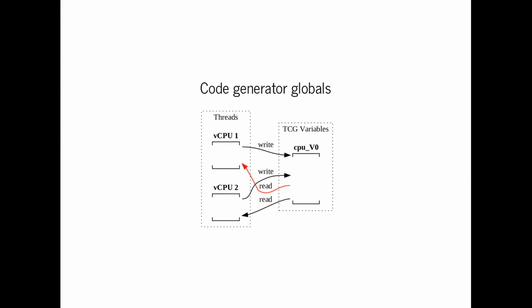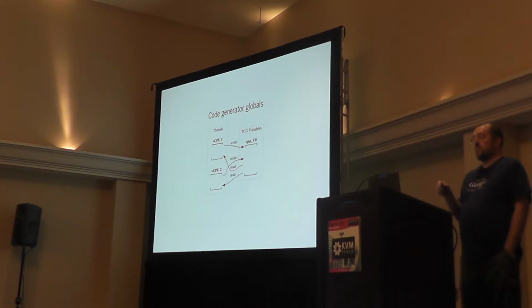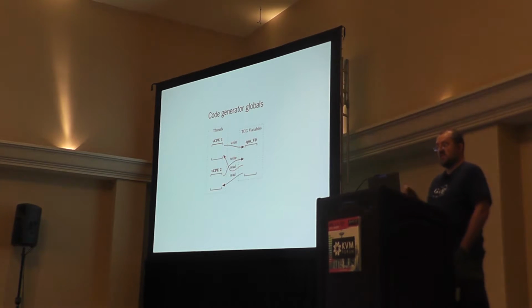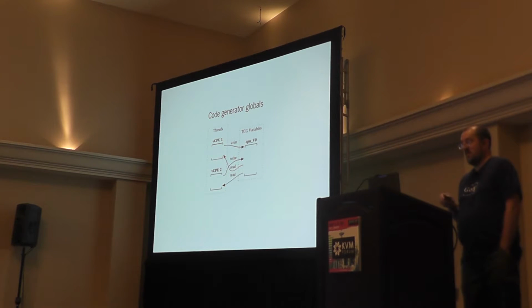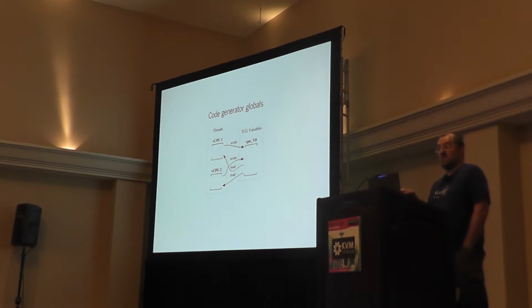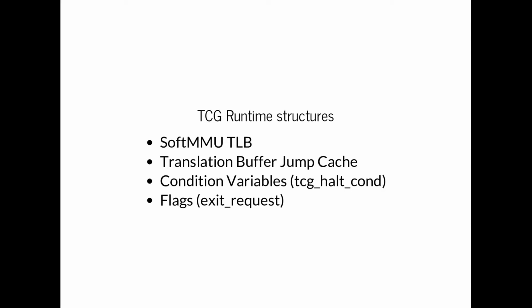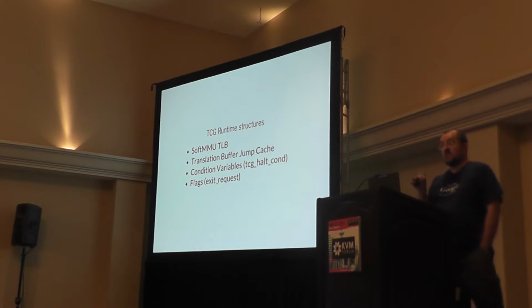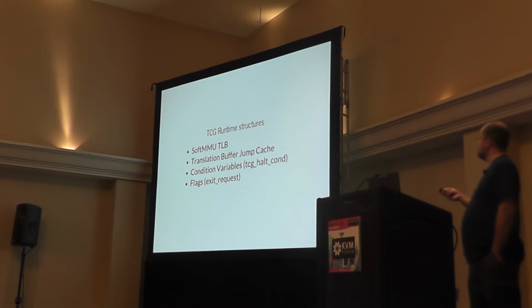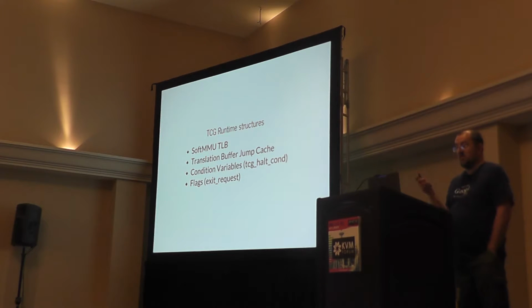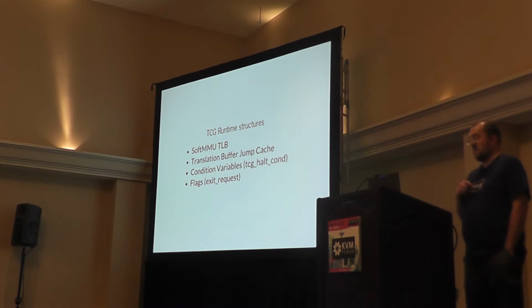The first major challenge is the code generator itself. There are a large number of per-file static variables which are used in the code generation path. If two threads attempt to do code generation at the same time, things can get very confused. Outside the code generator, there are structures that the wider system uses while the code is running. This includes the soft MMU TLB, which needs to be updated when page mappings change.